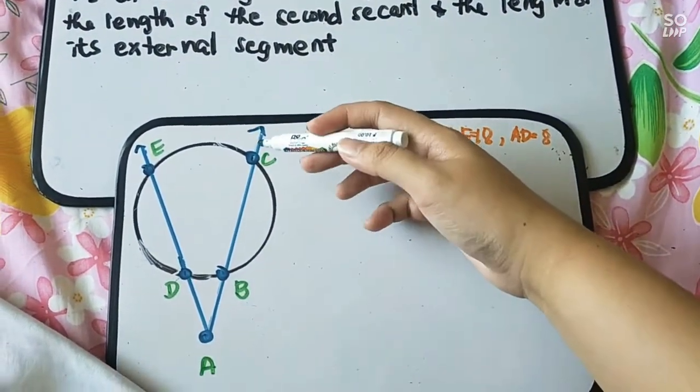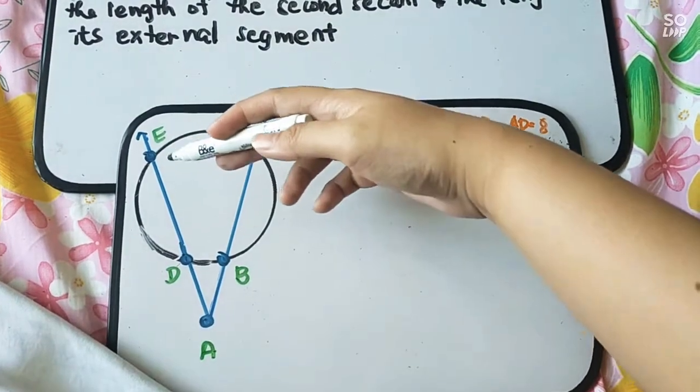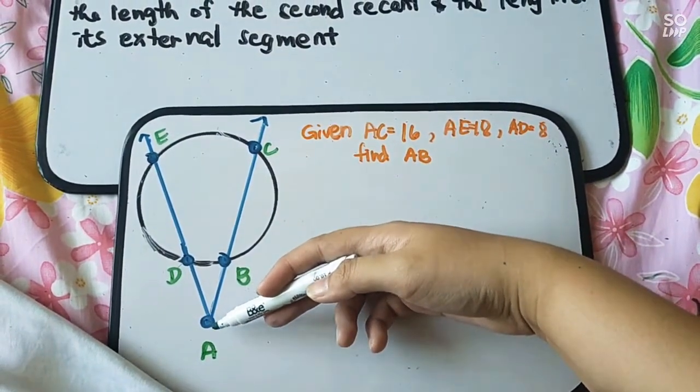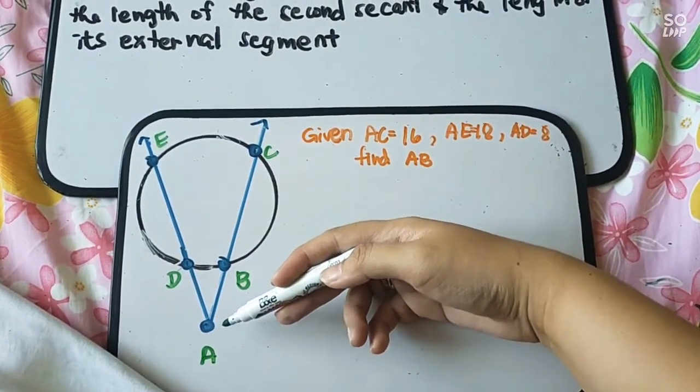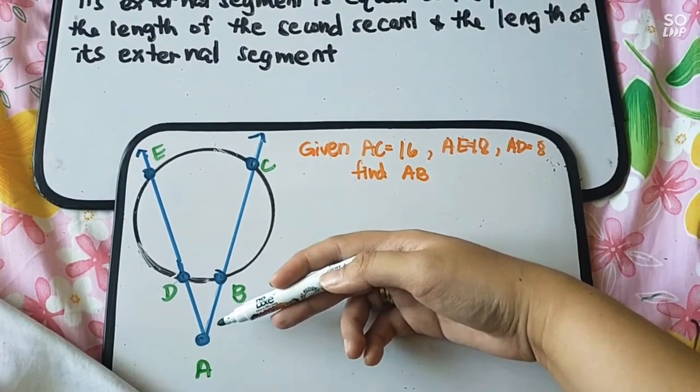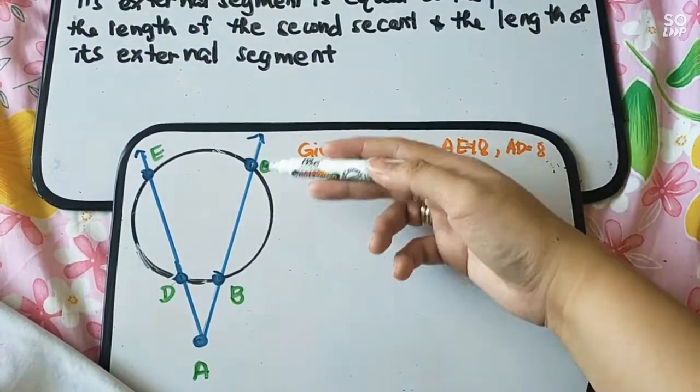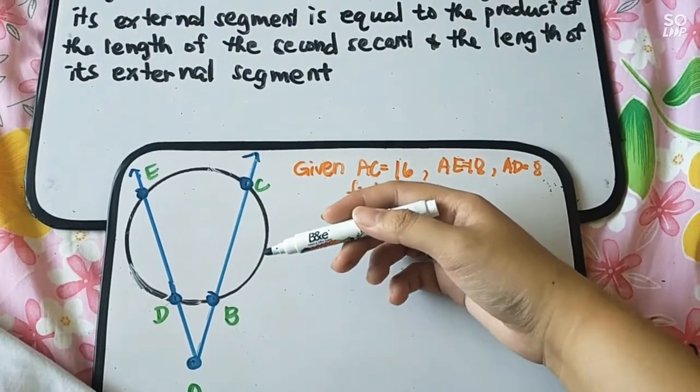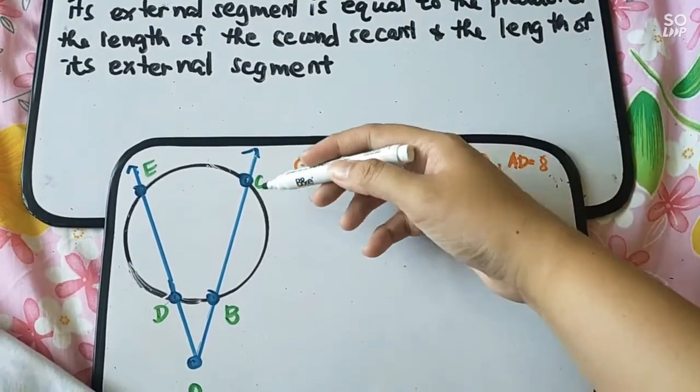So, CA and EA intersect at point A. Now, for us to find the segments, we are going to find the product of the secant.